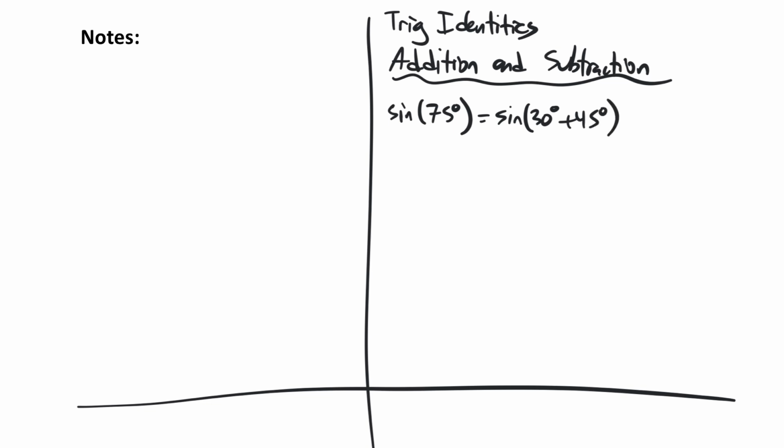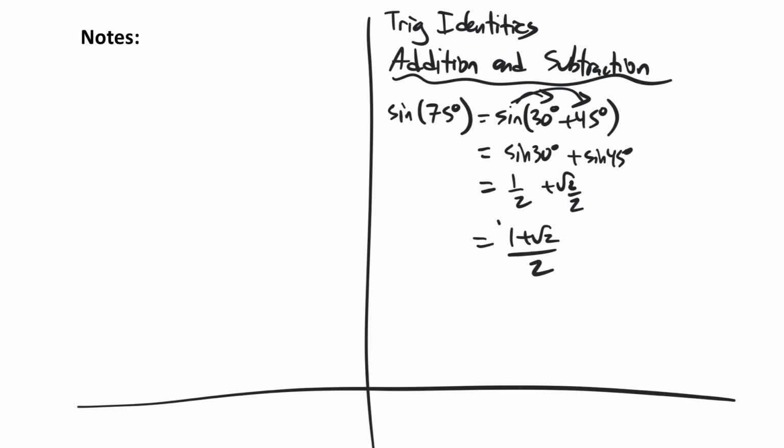I know 75 is not a unit circle value. 30 and 45 are. I'll put it as plus. Then I know that I'm allowed to just distribute things, just FOIL it in. Sine 30, sine 45. Sine of 30 is a half. Sine 45 is root 2 over 2. So I get 1 plus root 2 over 2. Box the answer, and we're good to go.